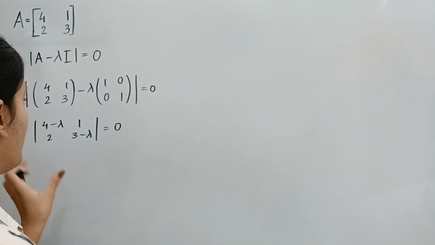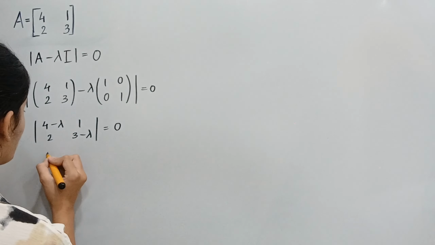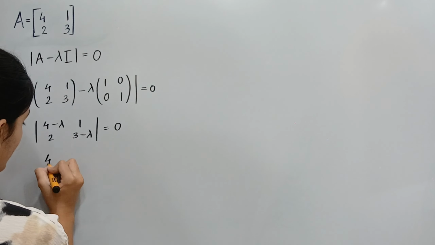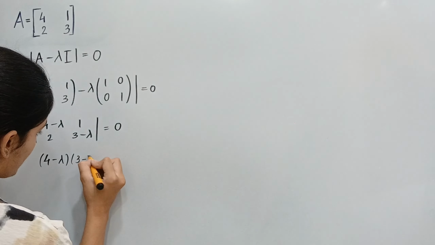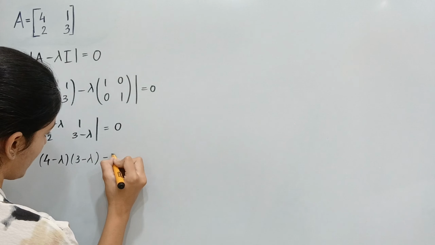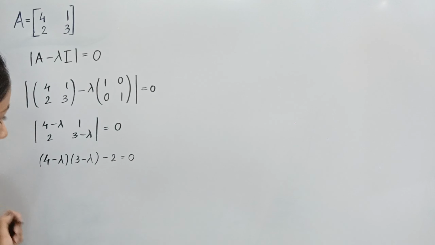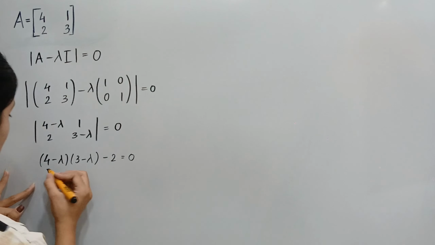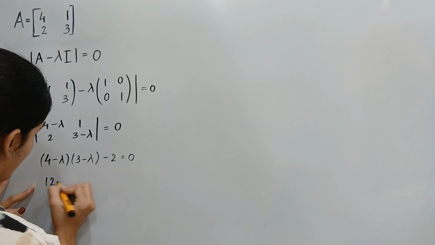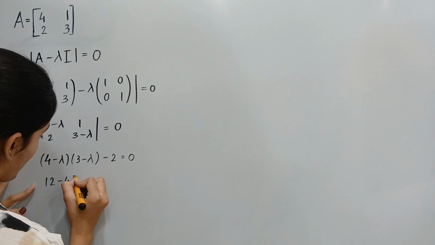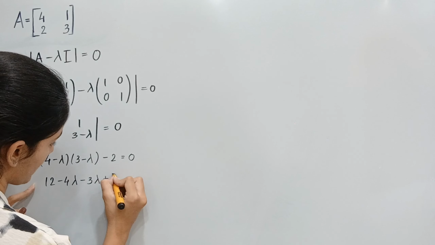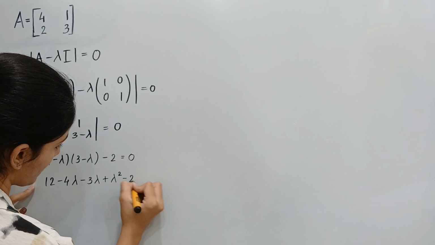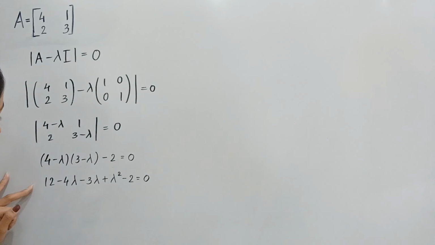Now we have to solve the determinant of it. So the determinant will be solved as 4 minus lambda into 3 minus lambda minus 2 equal to 0. Now we will open the brackets. It will become 12 minus 4 lambda minus 3 lambda plus lambda square minus 2 equal to 0.